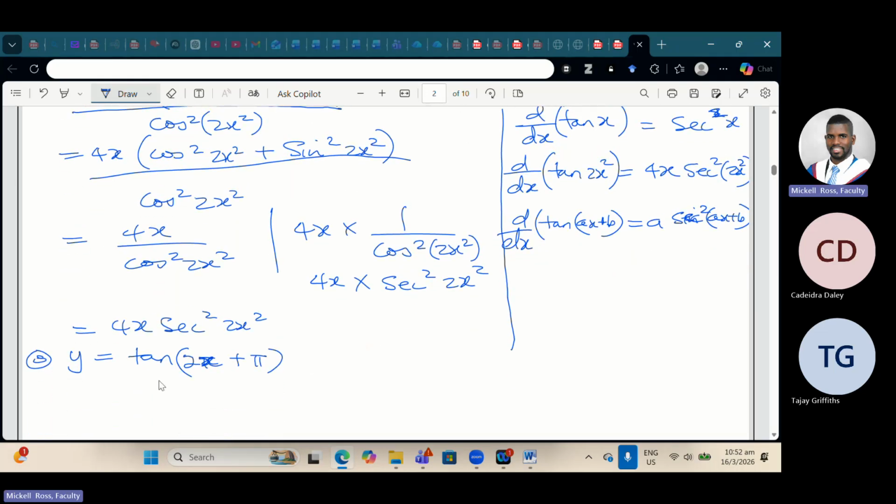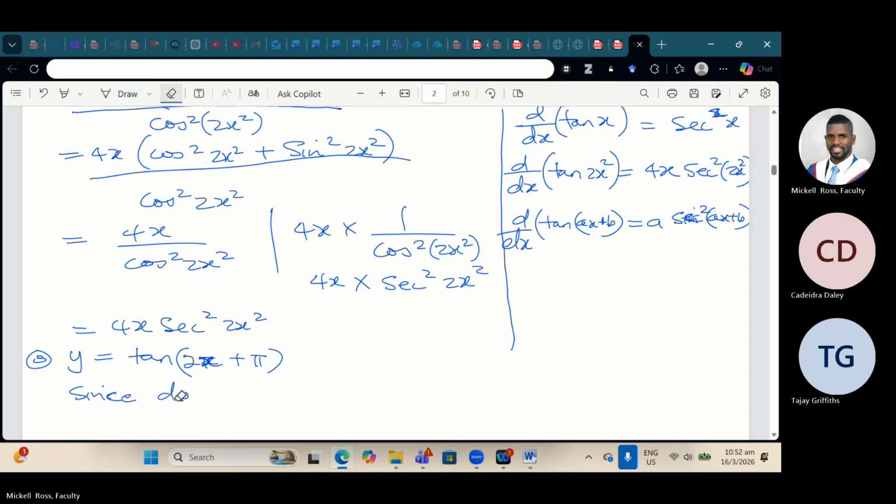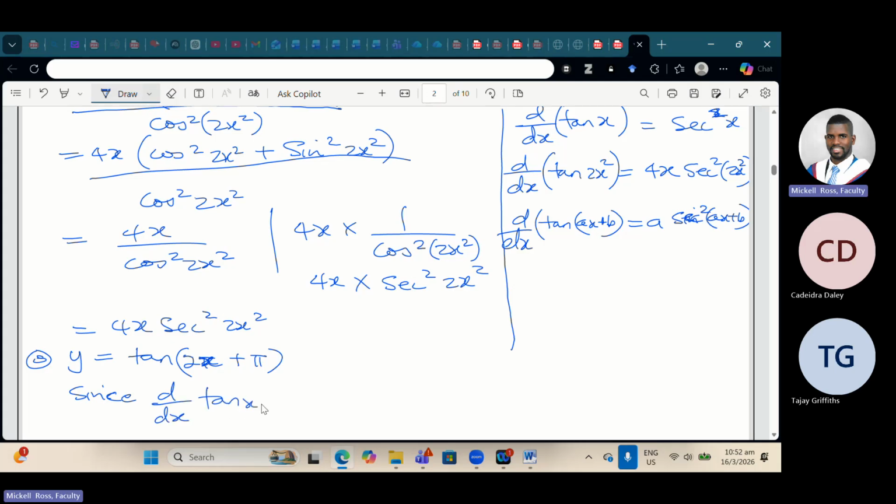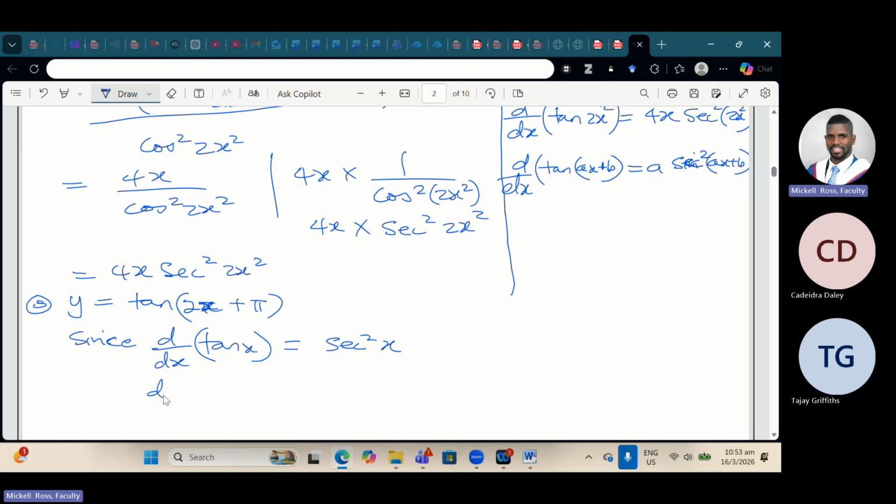All we do, we can say, since the derivative with respect to x of tan x is equal to sec squared x, then the derivative with respect to x of tan 2x plus pi is going to be the derivative of the angle, which gives you 2, multiplied by sec squared of the angle, which is 2x plus pi.